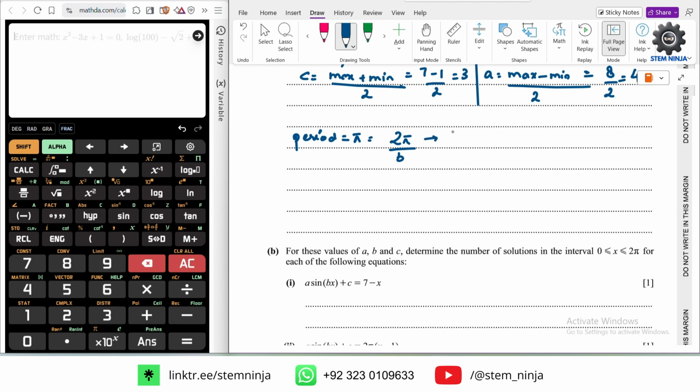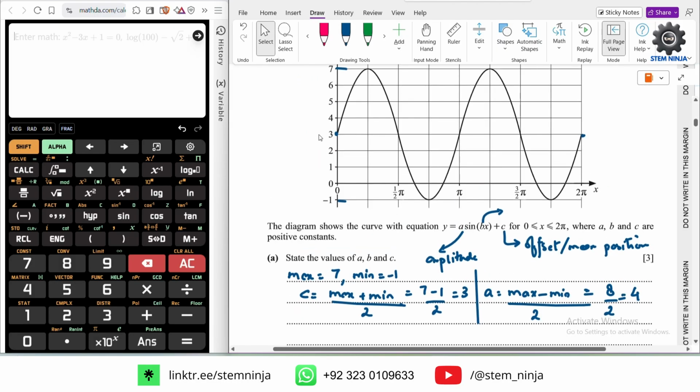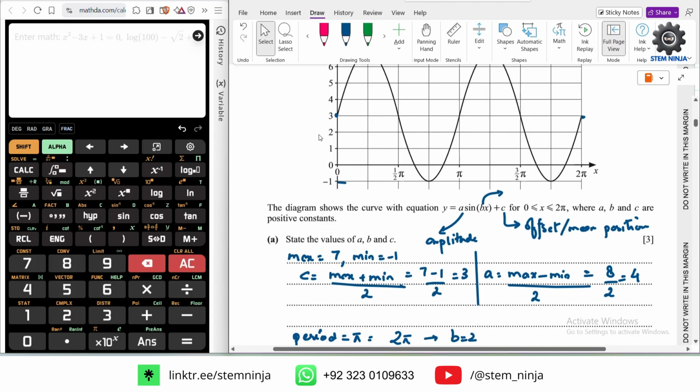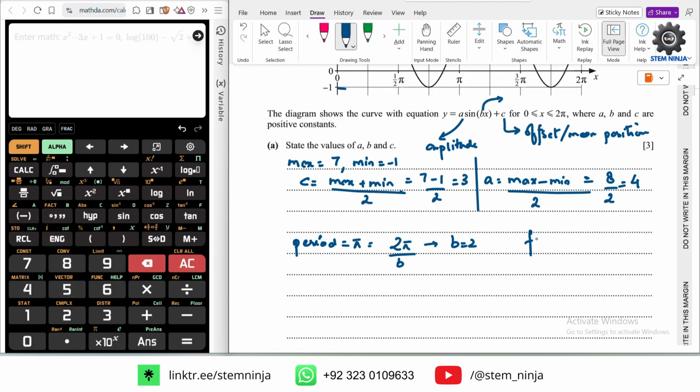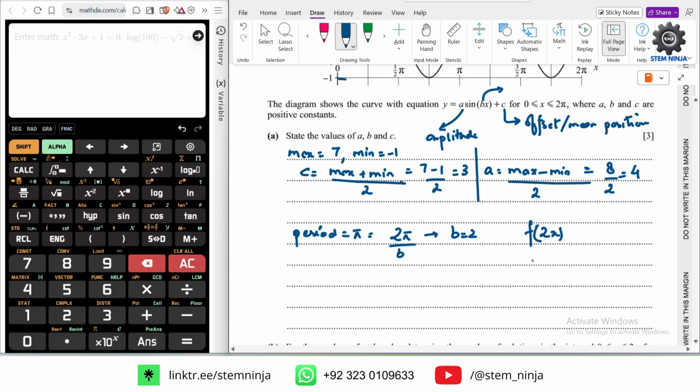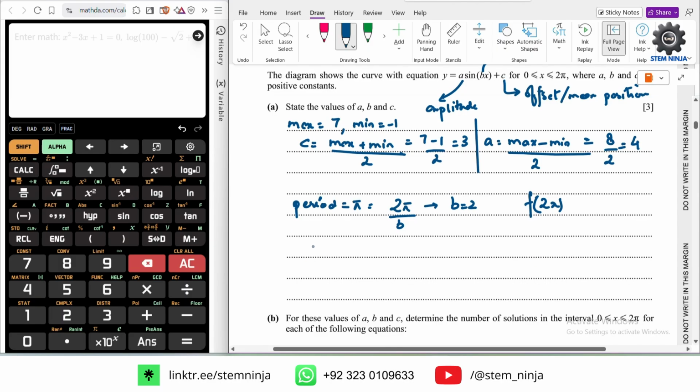So b is simply 2. Another way to see this is that the horizontal scaling factor is times by 2, like 2x. Therefore a is 4, b is 2, and c is 3.